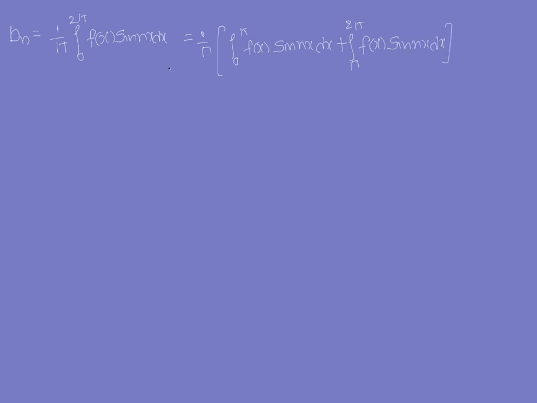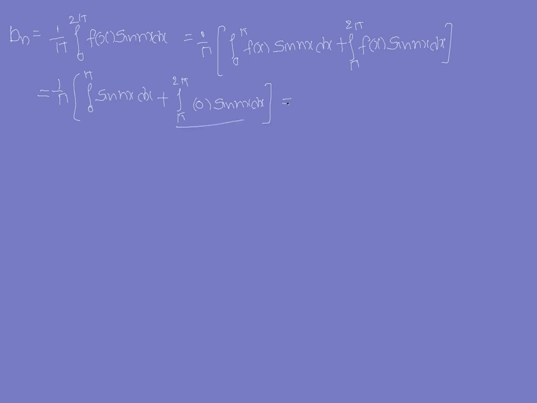For integral 0 to π, what is the function value? 1. Therefore integral 0 to π sin nx dx we are left with, plus integral π to 2π, what is the function value? 0. Therefore 0 into sin nx dx, so this value is 0.